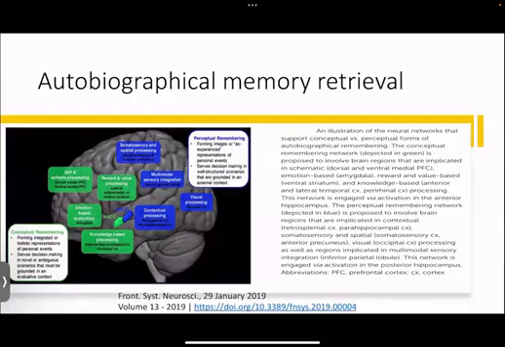Now there would be autobiographical memory retrieval, because memory storing and memory retrieval are two different things and they are not the same.